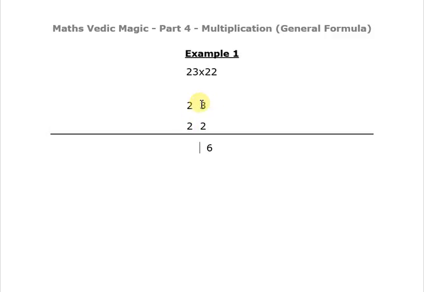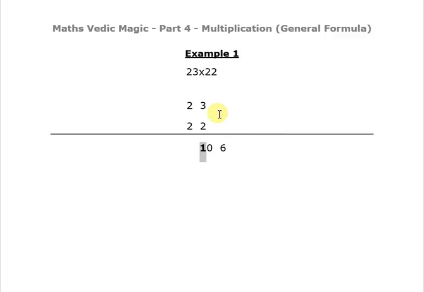If we multiply them and add them, it will give us 2 into 2, 4 plus 3 into 2, 6. So that gives us a total sum of 10. That means 1 is the carry.